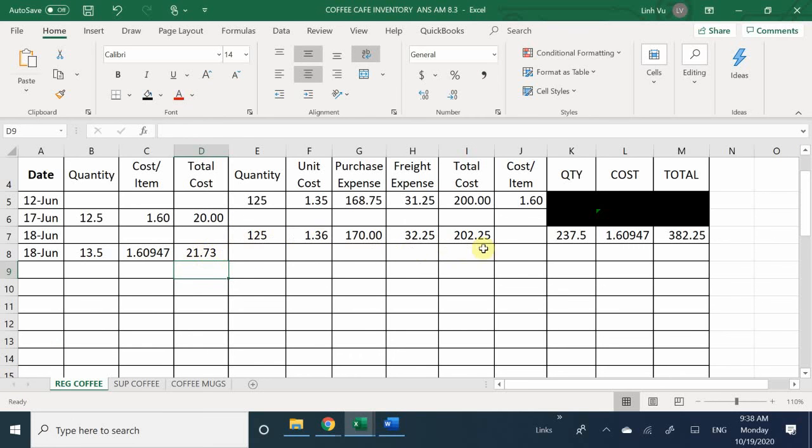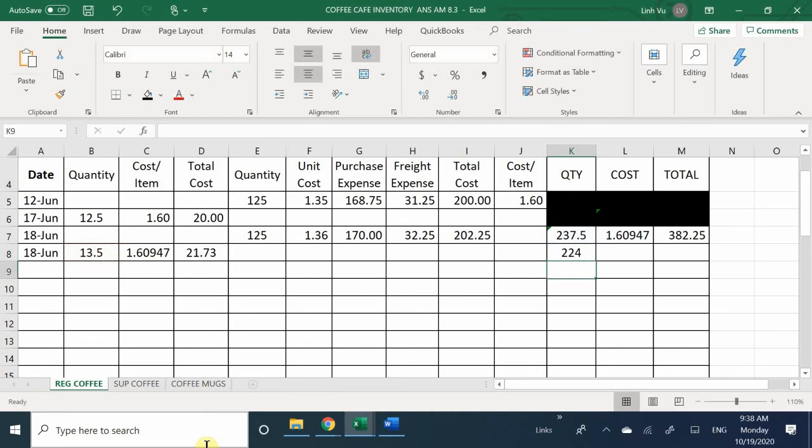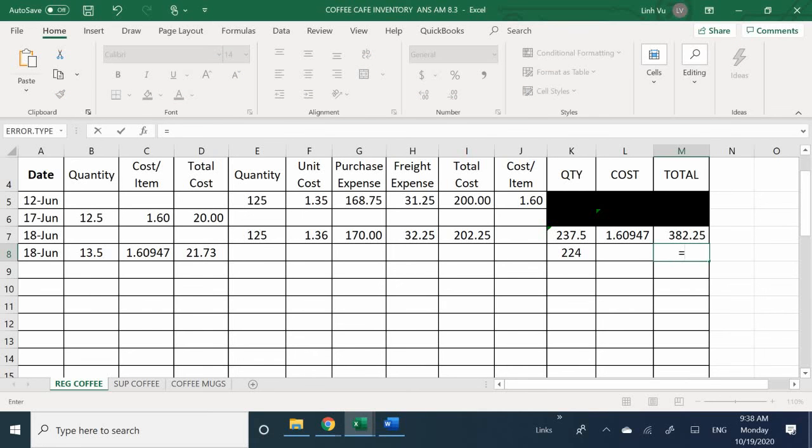Right? So with that being said, how do I update my inventory? 54 even. 224 even. And then how do I find my total cost? 25 minus 21.73. 360.52.